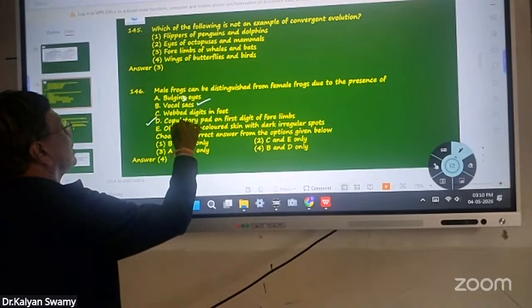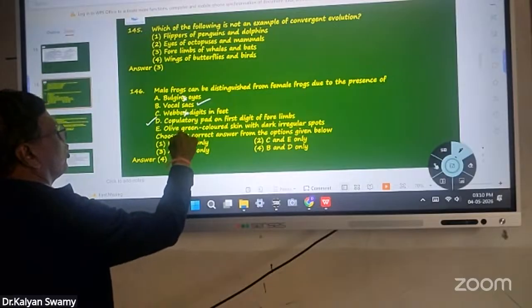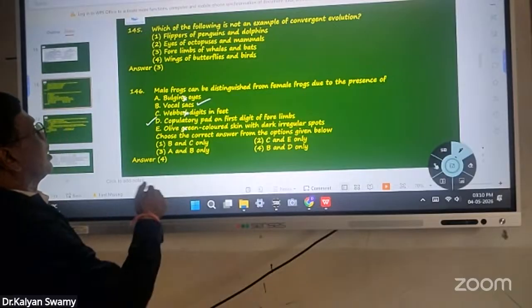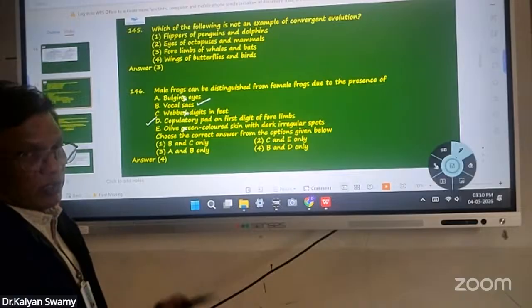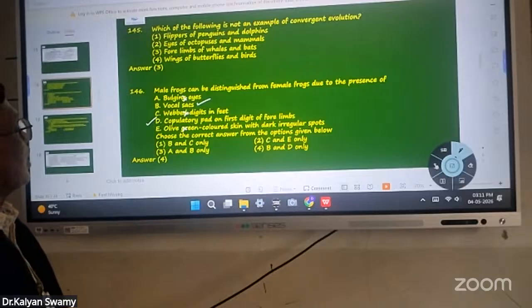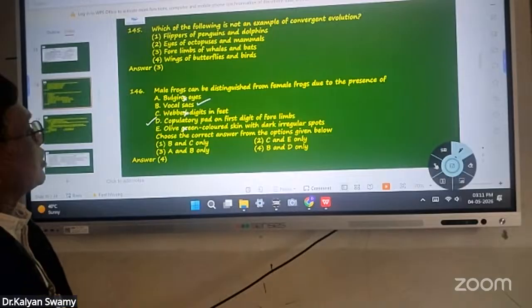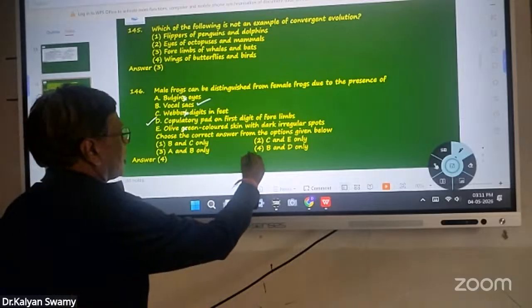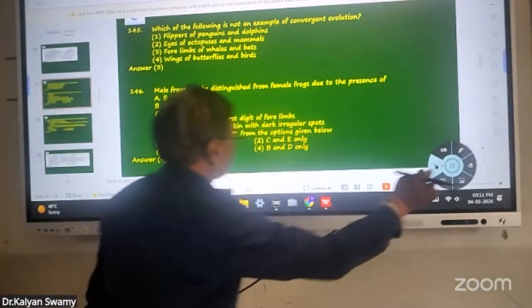This is wrong, this is wrong, that is common for both. The male frog differs from the female frog in having vocal sacs, that is B, and a copulatory pad on the first digit, that is D. So B and D, fourth option.